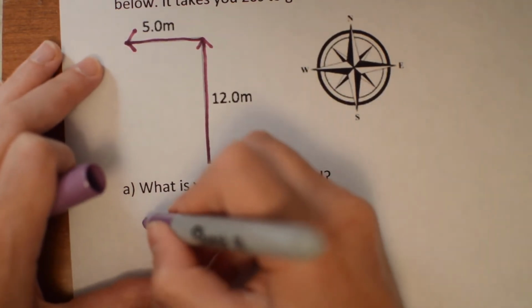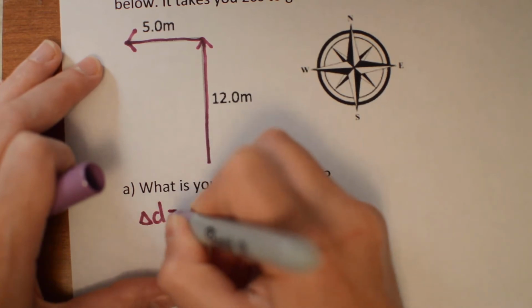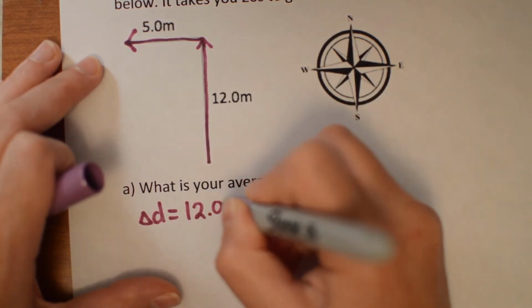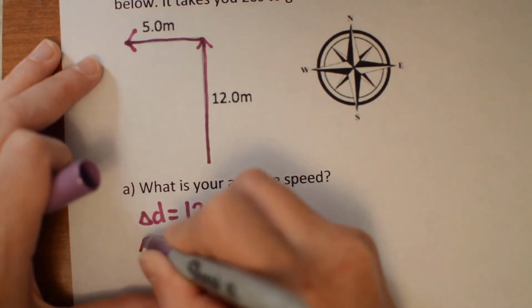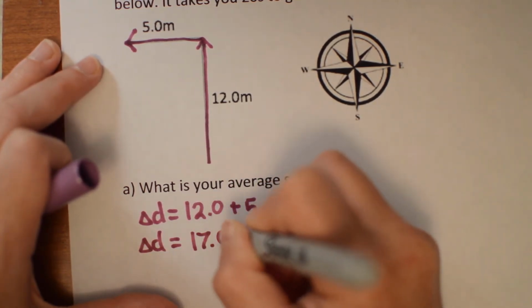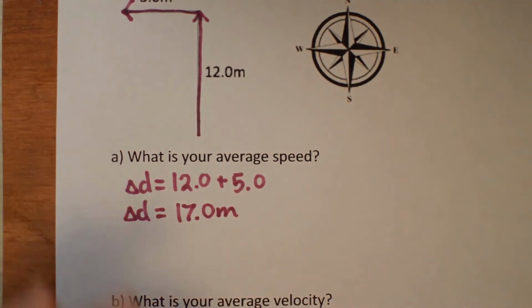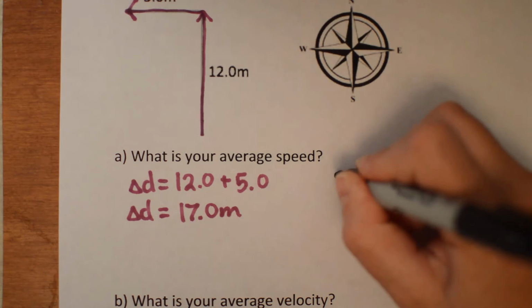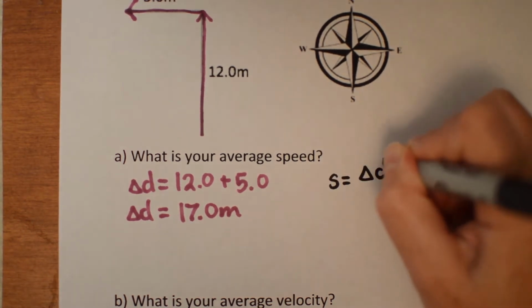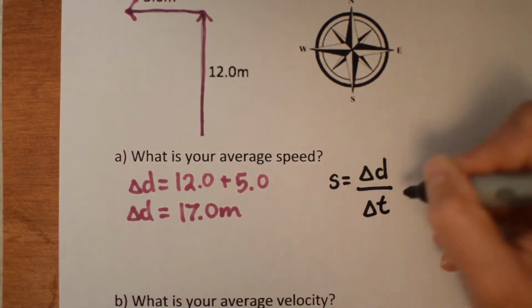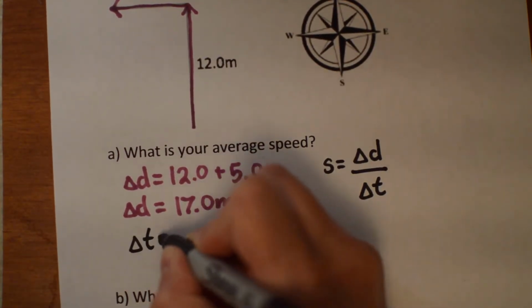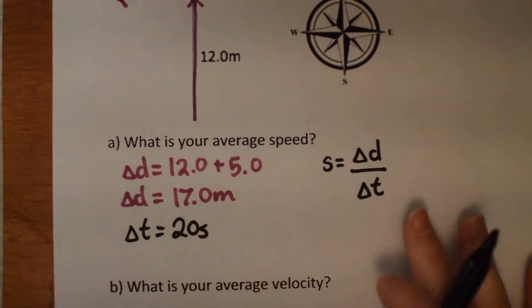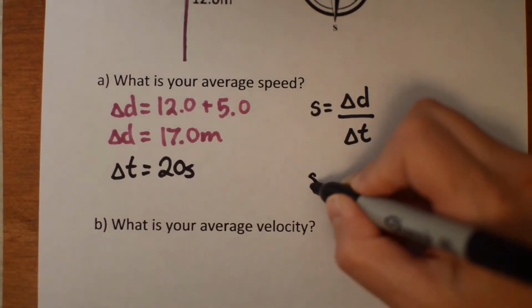So our delta d distance is just going to be 12 meters plus the 5 meters, which is 17 meters here. I want to know the average speed. So speed is that distance over time, and I'm actually told that it takes me 20 seconds to get to class, so I know delta t is 20 seconds already.